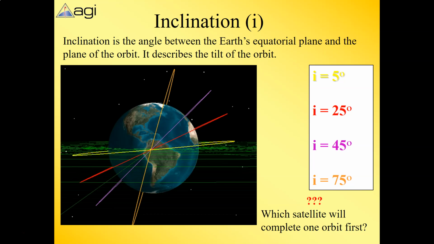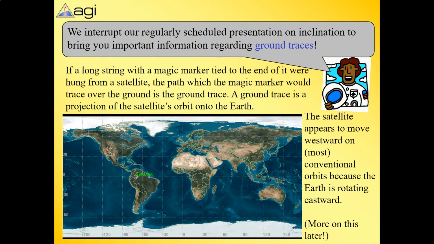The one that we see that's yellow is the smallest, 5 degrees. Then red is 25. Then I is 45 degrees. Pink is 45 degrees. Then orange is 75 degrees. Almost a polar orbit. You gotta love the weird little things that go into these slideshows.